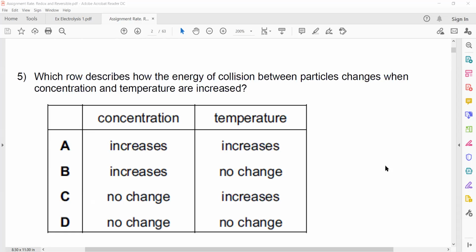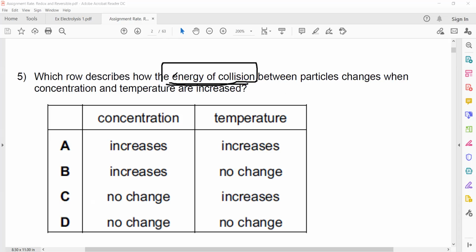How does concentration affect the speed of a reaction? The concentration does not affect the energy of the collision. Number of collisions will change, but the energy at which the particles are colliding will not change.